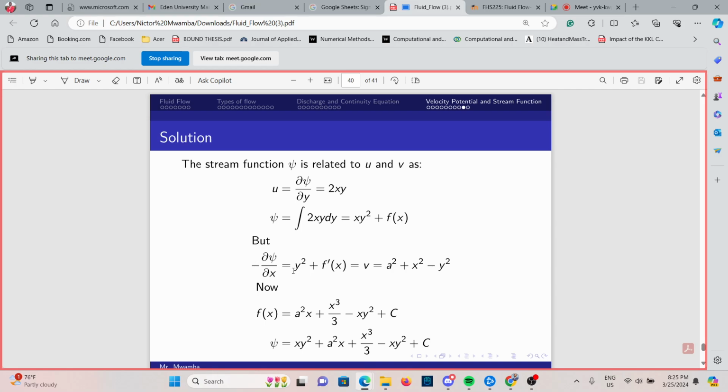It will be equal to, if you differentiate this with respect to x this time, your x, which is x to the power 1 here, goes away, remaining with y squared only, plus the derivative of the function of x we introduced, which is just f prime. This must be equal to the velocity component we've already been given along the y-axis, which is a squared plus x squared minus y squared.